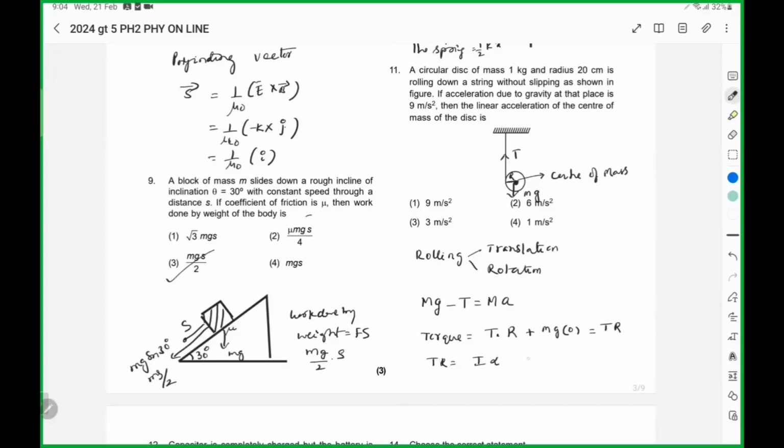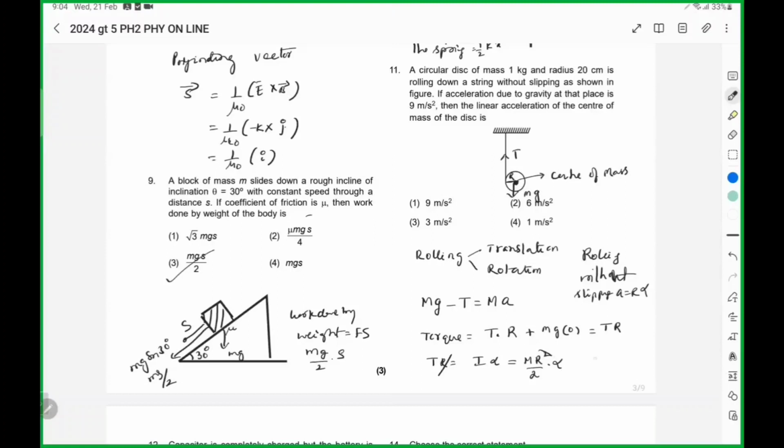Since it is rolling without slipping, a becomes R alpha. Here I is nothing but mr square by 2, the moment of inertia of a disk with respect to an axis passing through the center of mass.